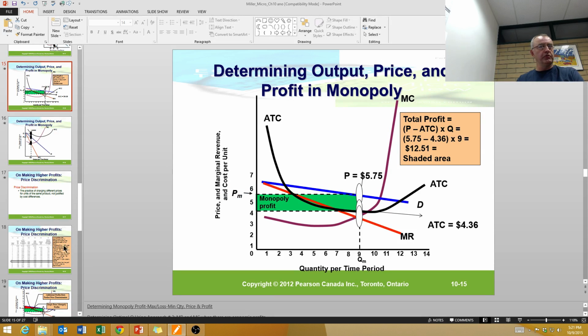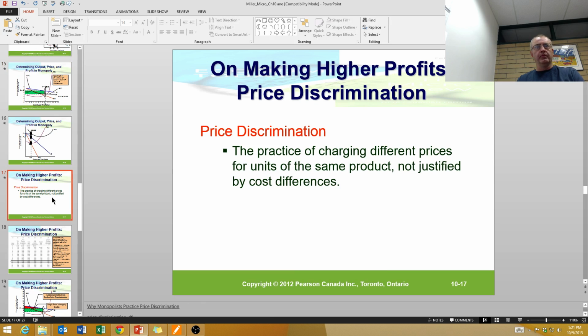Okay, the monopolist charges different customers different prices for the same product. And so when we talk about price discrimination, we mean that the monopolist charges prices as described by the demand curve for different customers.